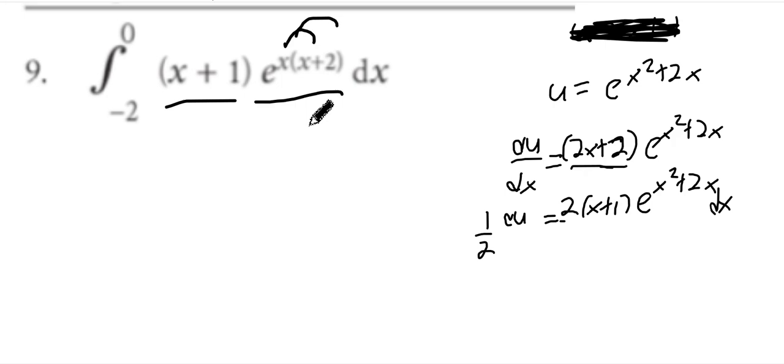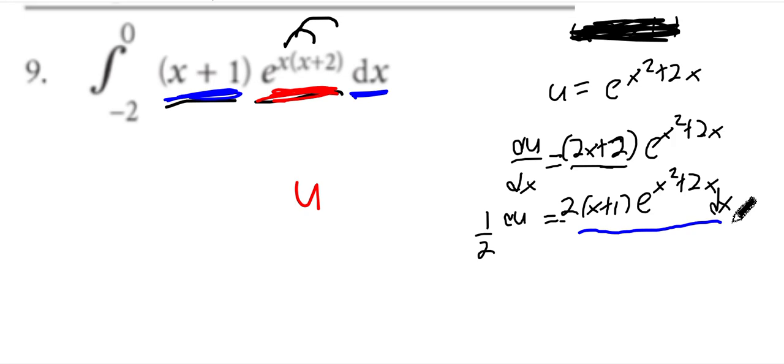So I think that this red part is u. This blue part, it's that, isn't it? And we got rid of that two, didn't we? We brought the two underneath. So what can I sub out that blue part with?